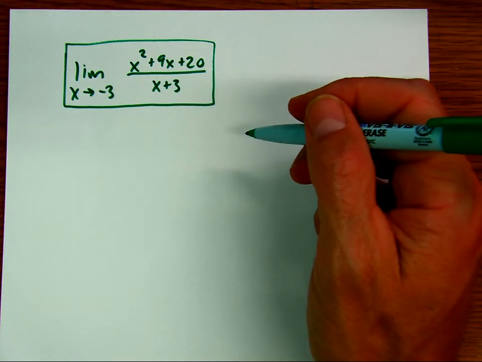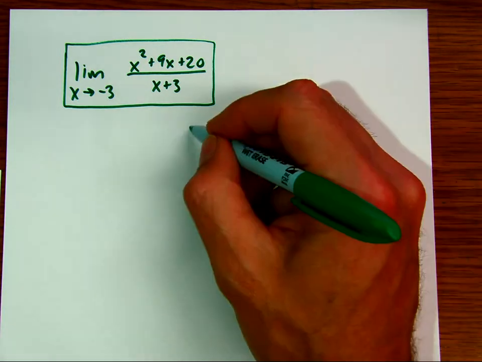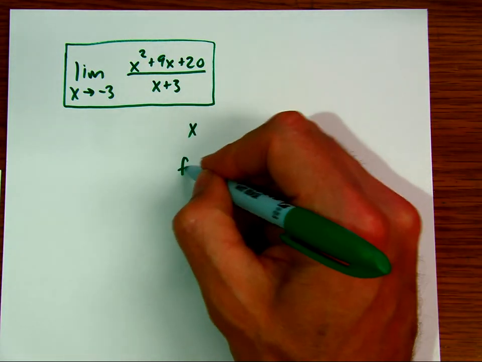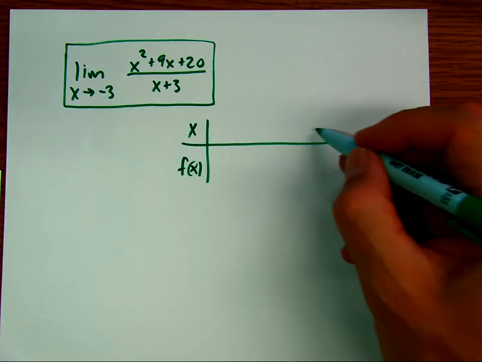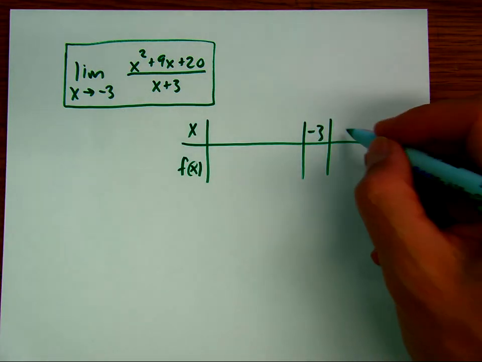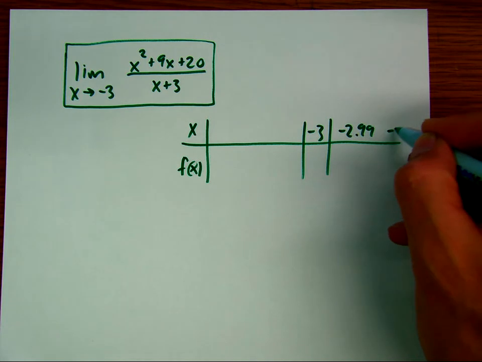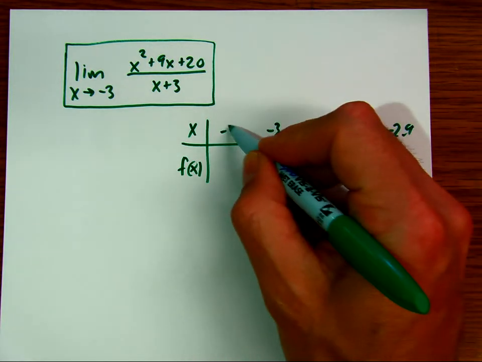Alright, pause the video and try that one. We're going to -3. So to the right, we'll have -2.99, -2.9, -3.01, -3.1.